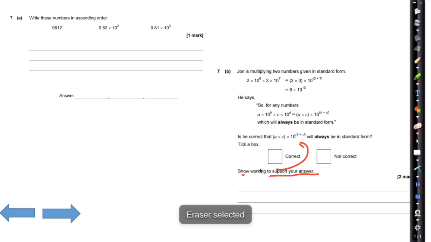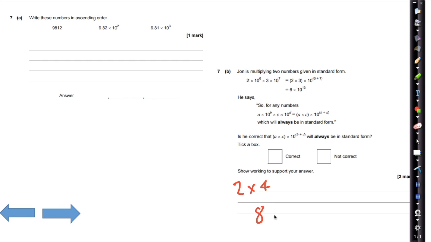But as long as your working supports your answer, you get the mark. So down here, in your working, for example, I could have said A and C are 2 and 4 to give me A, and then say, well, because it's 10 to the power of 6 or 10 to the power 7, 10 to the power 13, therefore he's correct. That would actually be worth 1 mark.